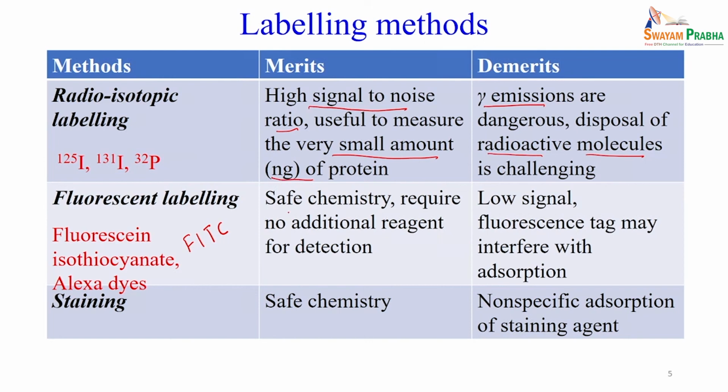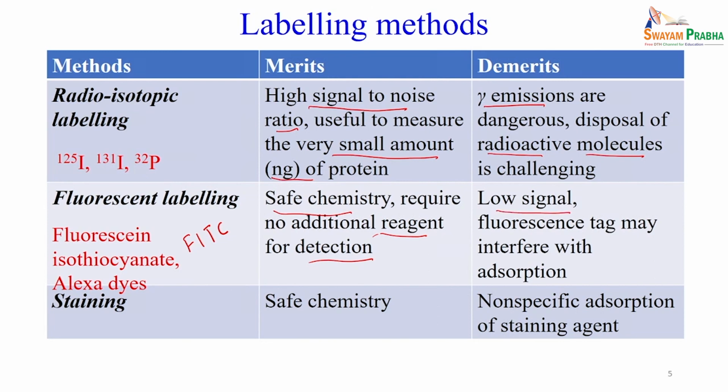So, the merit of this is it is a safe chemistry as compared to the radioisotope labeling, and no additional reagent is required. We can directly measure the fluorescent intensity to analyze the adsorption.